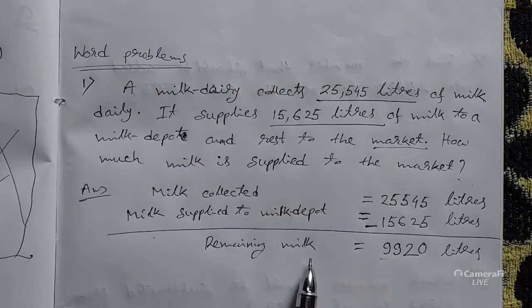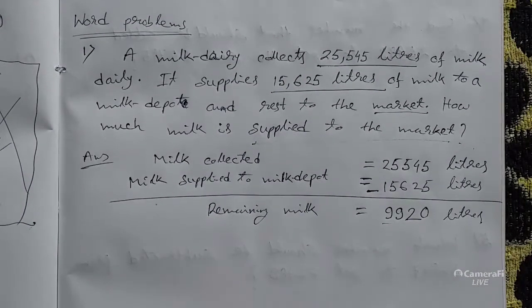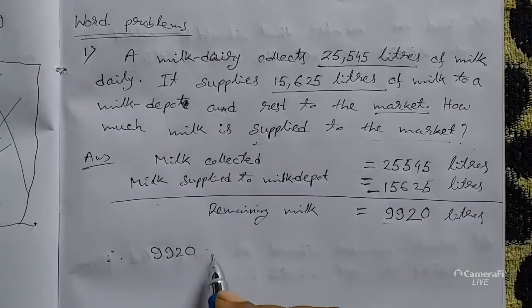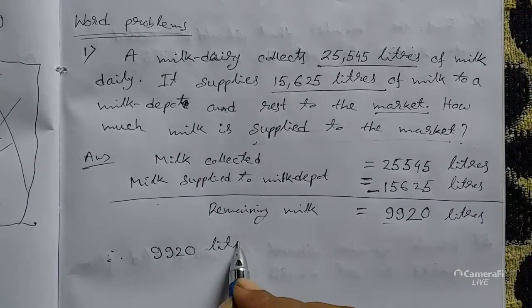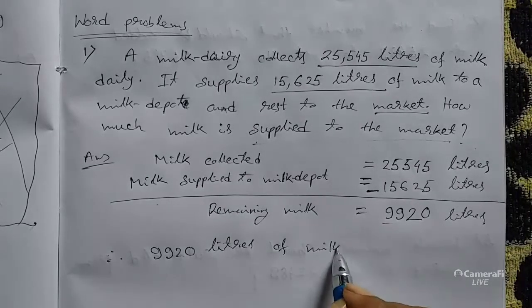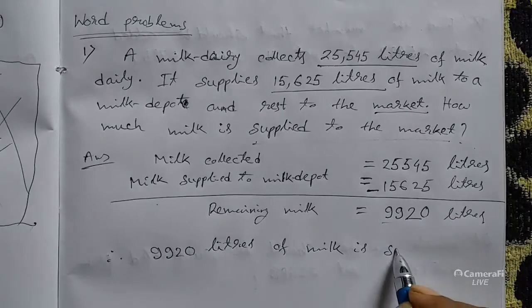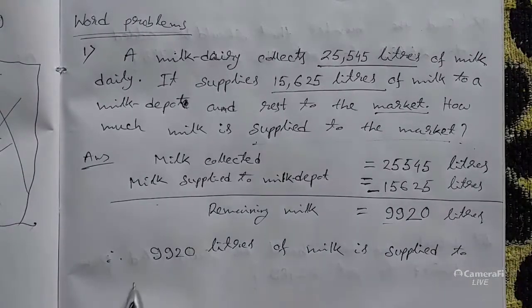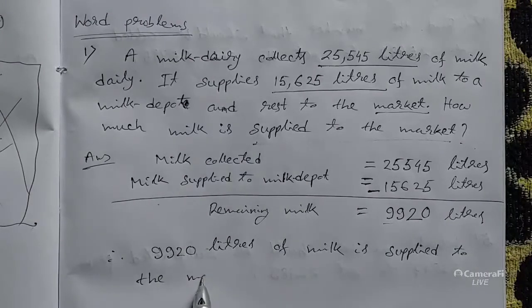So this is the rest of the milk which is supplied to the market. So how much milk is supplied to the market? Therefore, 9,920 liters of milk is supplied to the market.